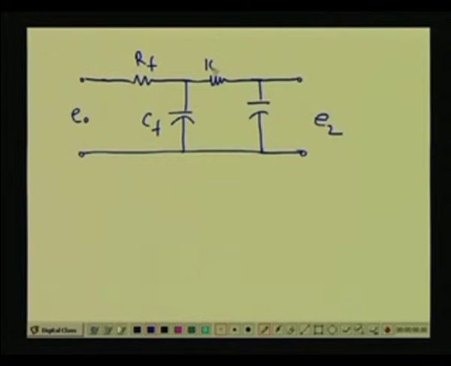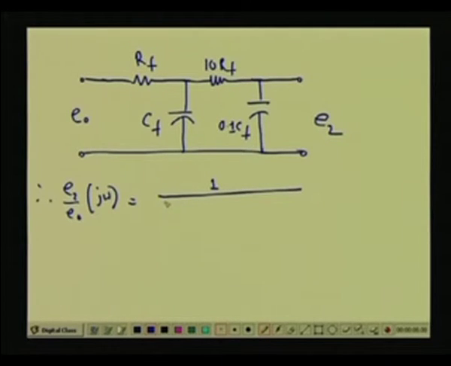So, this is 10 RF we have taken, and this we have taken 0.1 CF. So, I can write E2 by EO (j omega) is equal to 1 upon j omega RF CF plus 1, whole square.